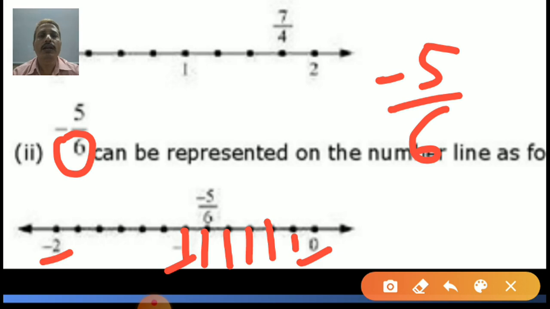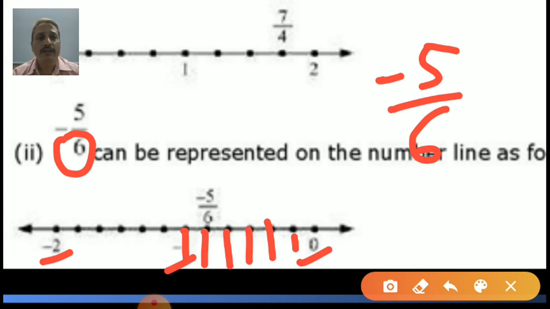We know a proper fraction's value always comes below 1, whether positive or negative, and an improper fraction's value will be more than 1. Yes, remember all these properties, students, very useful.